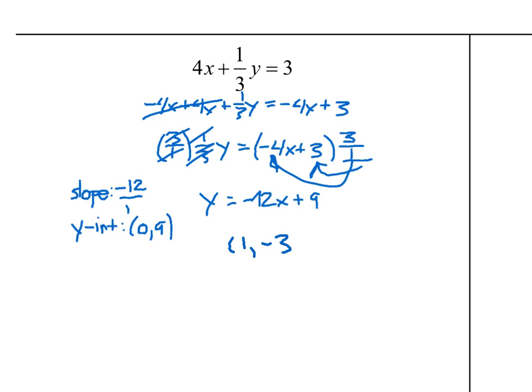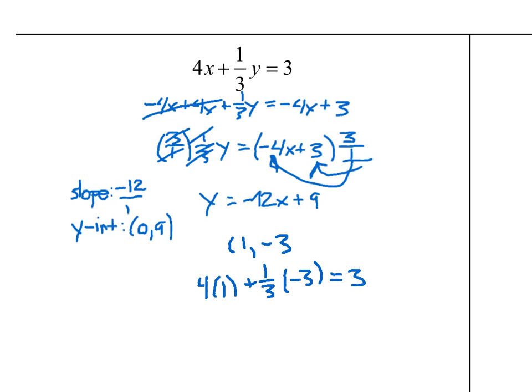So that means my x is 1. So that's 4 times 1. And my y is negative 3, plus 1/3 times negative 3, is equal to 3.